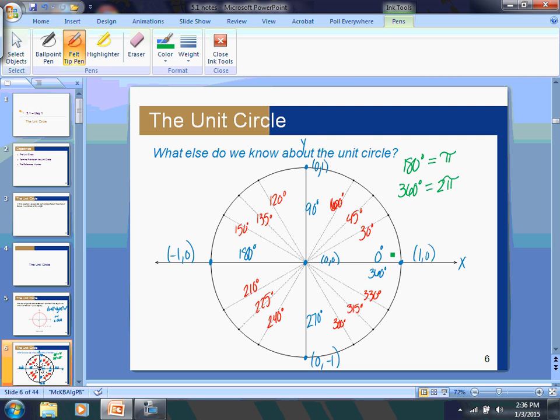if we start at 0, we could go all the way over 180 degrees, that would be pi. And then if we go another 180 degrees around, that's going to be 2 pi. So you have 0 radians here too. And then if you cut that in half, if you go from 0 to pi and you're going halfway between them, that's going to be pi over 2.